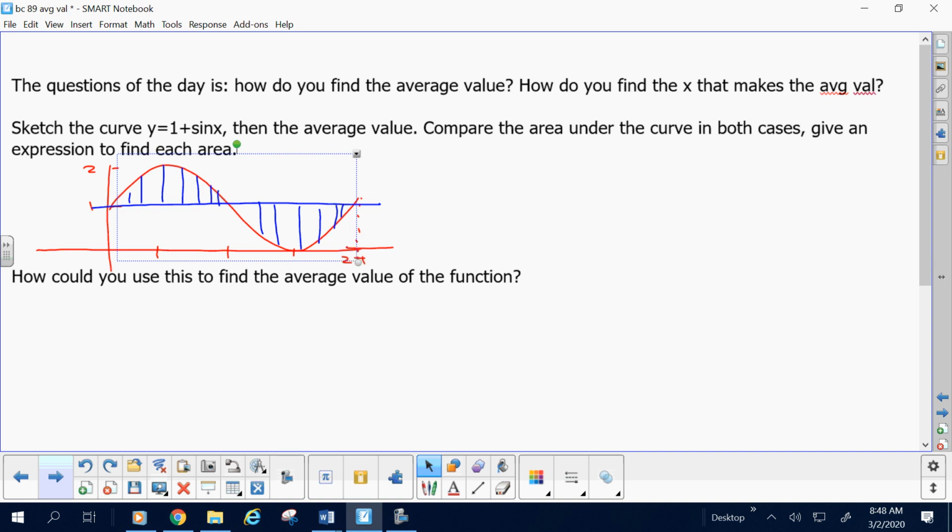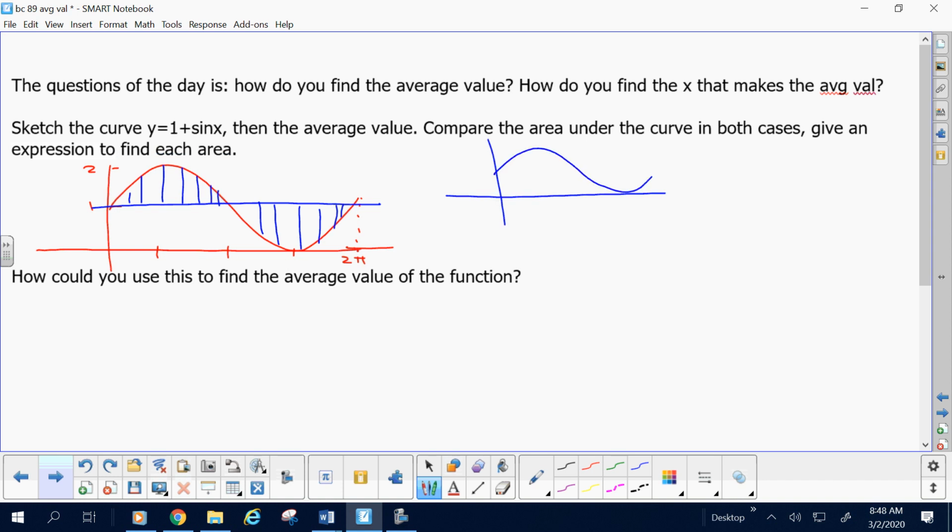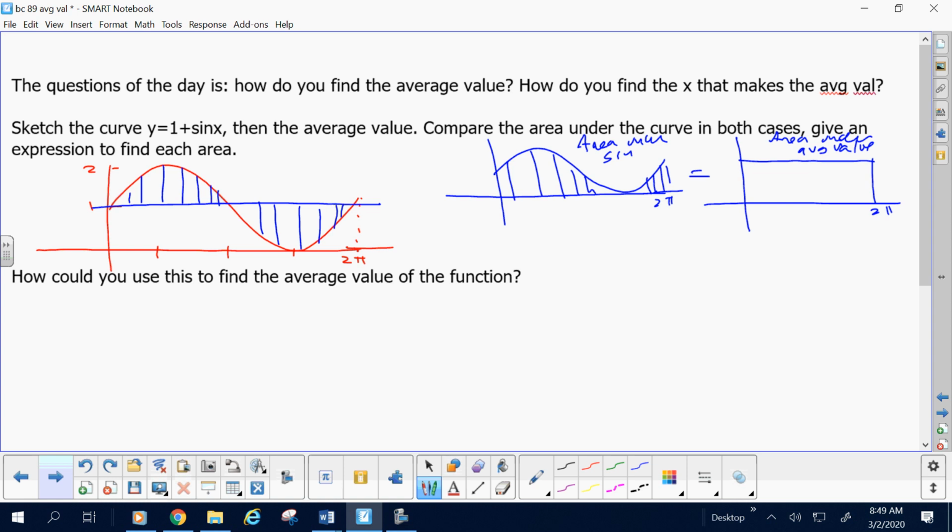So the area here should equal the area here. Area under sine should equal the area under the average value. We agree on that? Okay. Cool.